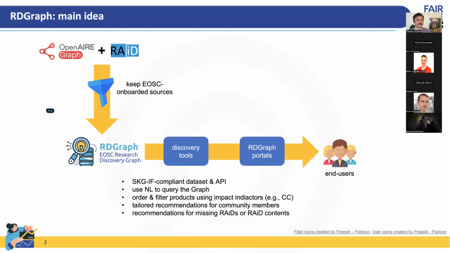Okay, yes, apologies. So the main idea is that we take this extension of the OpenAIRE graph and keep only the content that comes from EOSC onboarded sources, and this produces the knowledge graph that is the basis of the RDGraph. And the RDGraph is not only the knowledge graph, but it also offers some services on top of it.